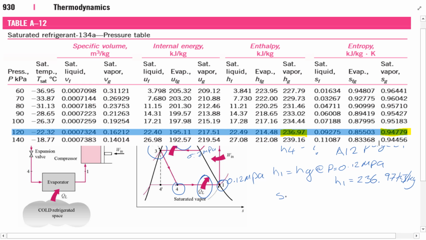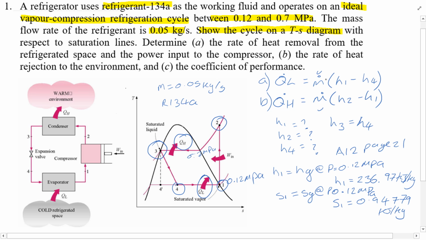Similarly, for entropy, S1 is equal to Sg at pressure 0.12 MPa, and we get a value of S1 equal to 0.94779 kilojoules per kg K.